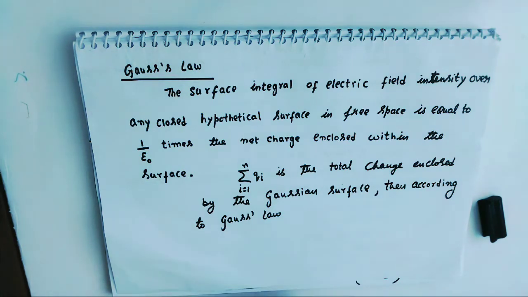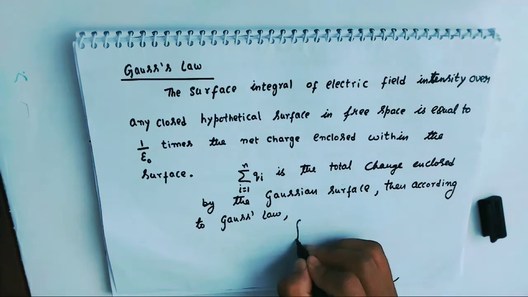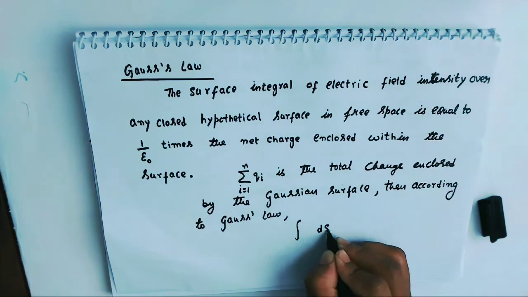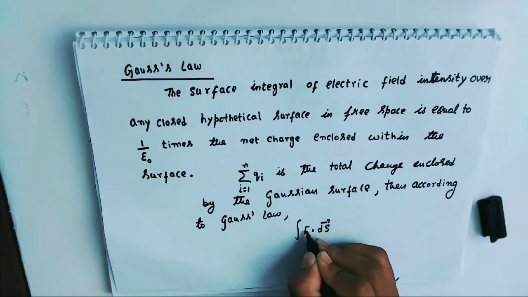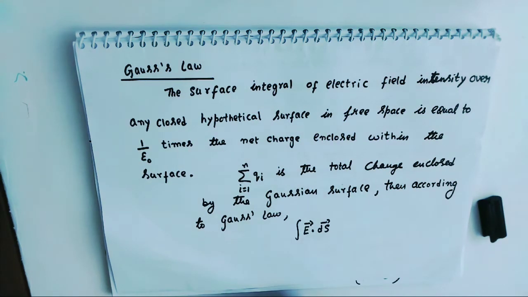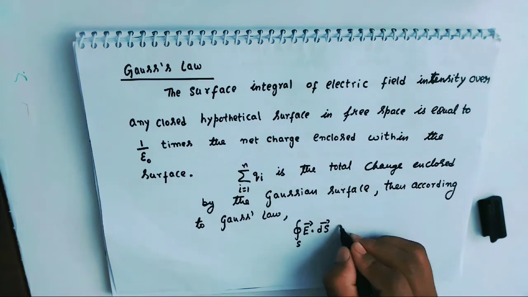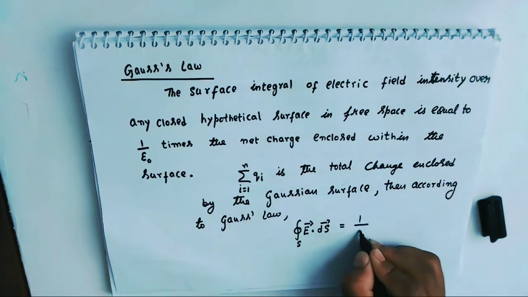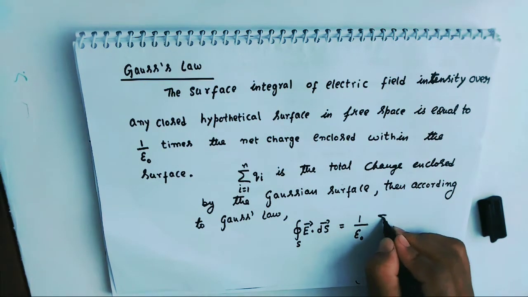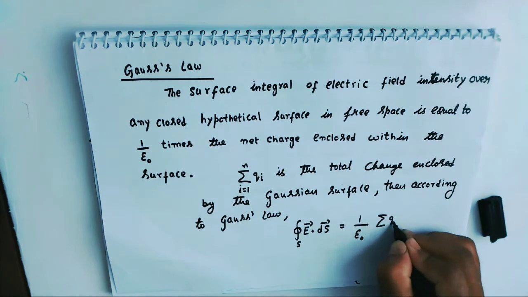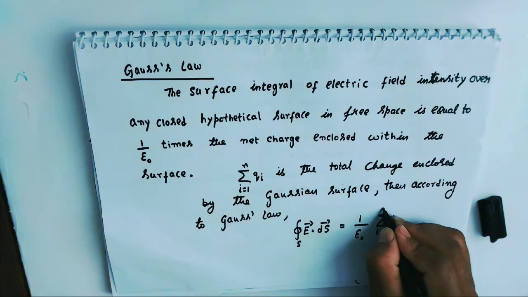According to Gauss law, the surface integral of electric field lines over a closed surface is equal to 1 by epsilon naught times summation of q i, i equals 1 to n.